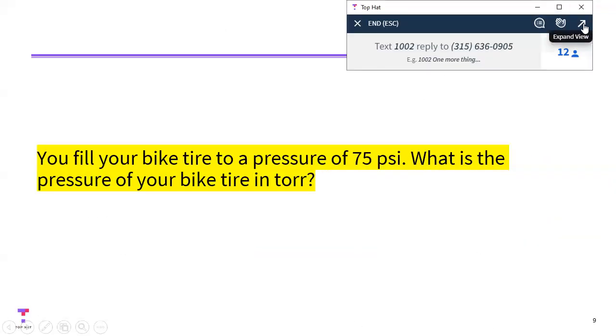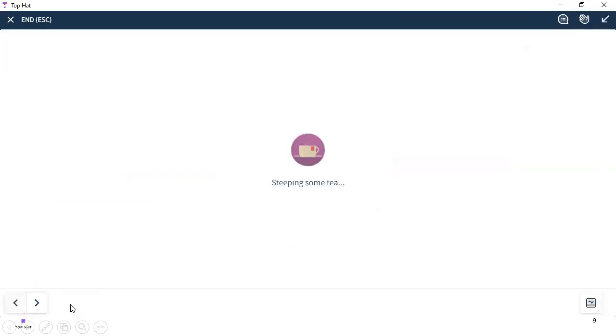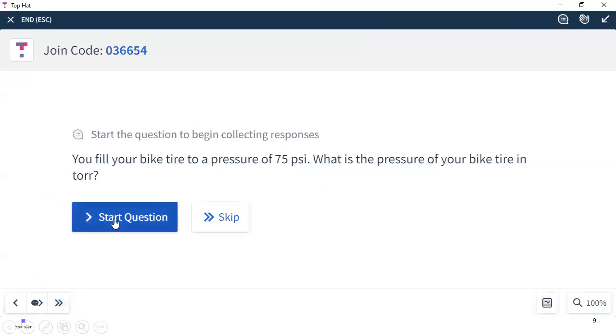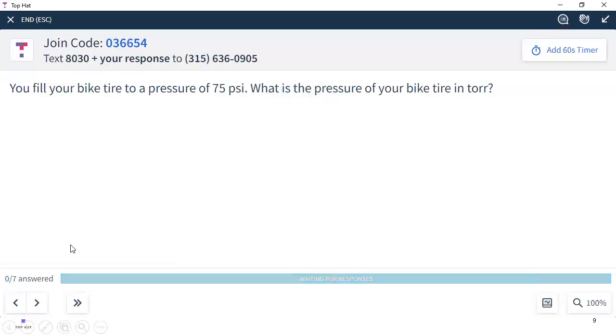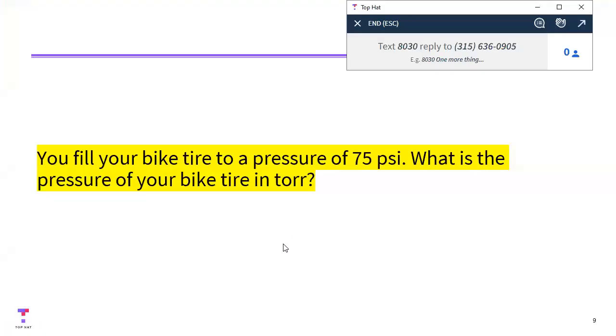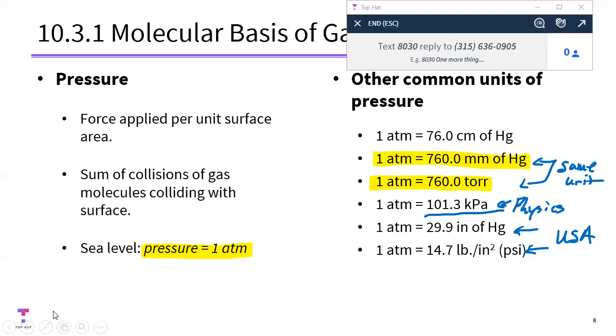Next problem for us to take a look at here. We fill our bike tires to a pressure of 75 psi. What is that in torr? To answer this question, we need to go back to a very simple mathematical concept, the commutative property.